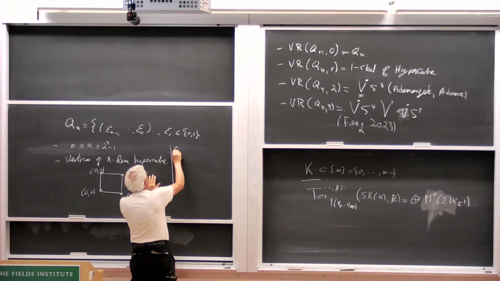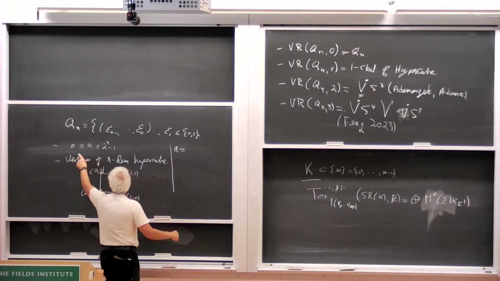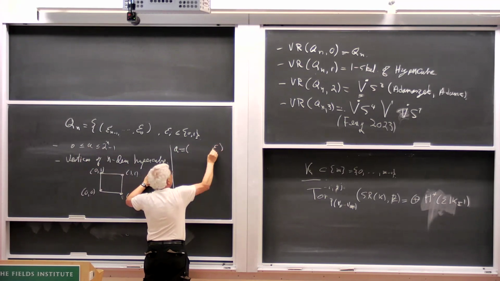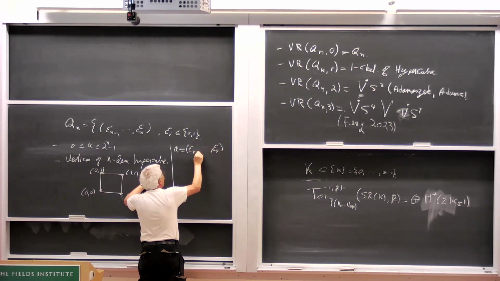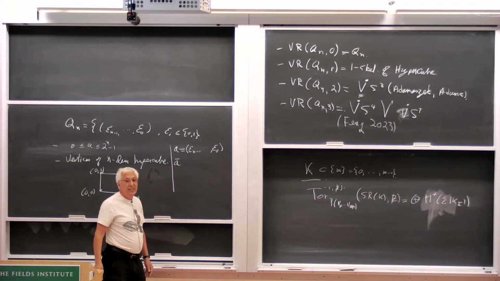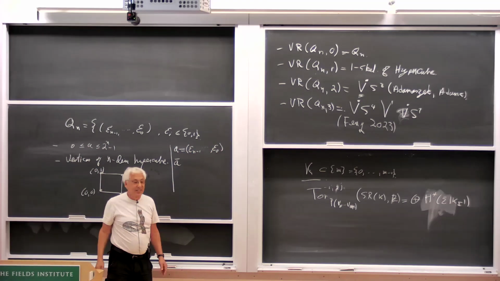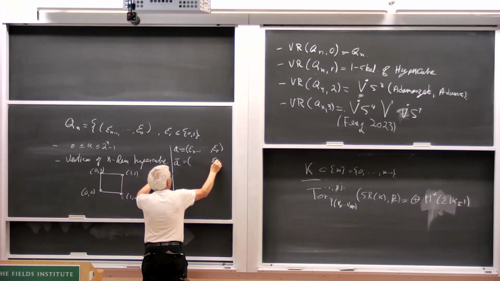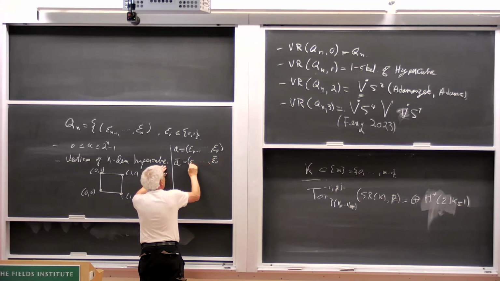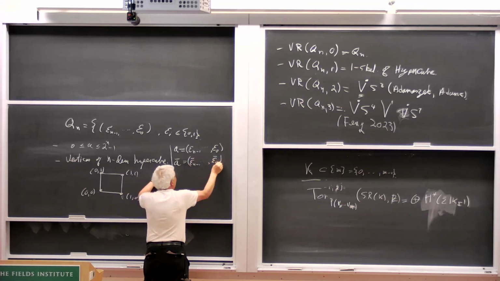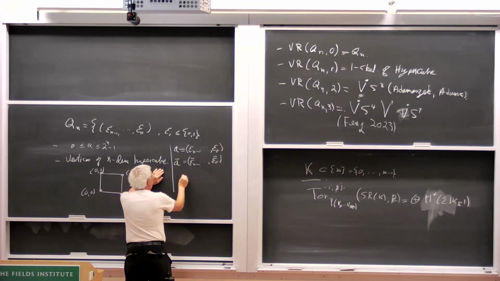If I have a number a, where a is between 0 and 2 to the n minus 1, and it has a binary expansion, then a bar, and I'll use the word antipodal because it is the antipodal, will be replacing each epsilon with its complement.